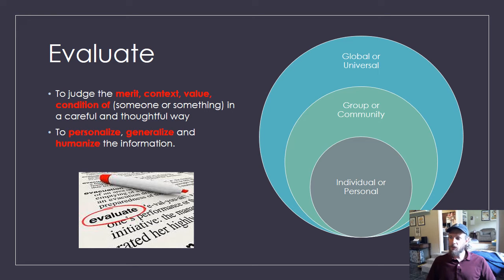That maybe that Southern pride is built on something other than geography, right? And we can maybe open up or flip that conversation. We use the evaluative or the experiential to humanize the information.